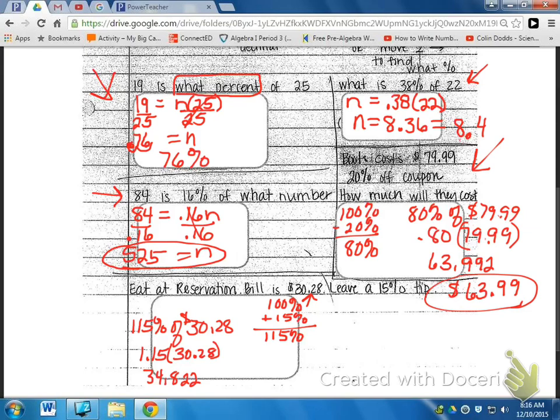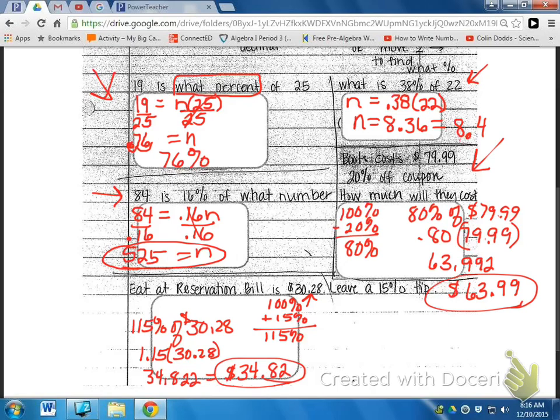Yeah, how much money are you really leaving? No, this is actually the amount. We just need to write it nice and neat in money and cents. $34.82.